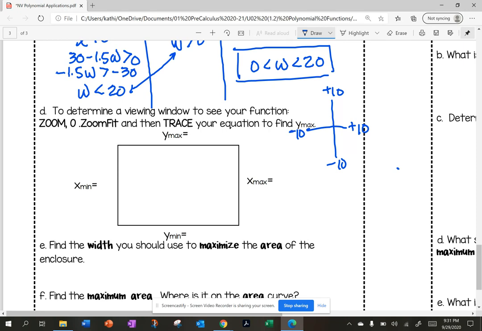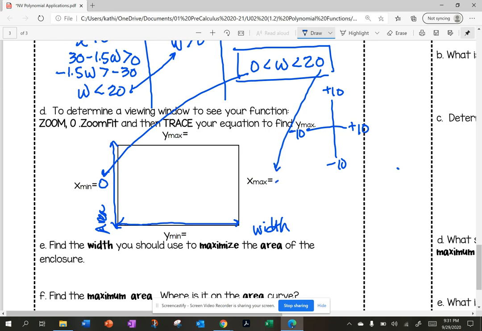And since I'm talking about all positive numbers, I'm going to adjust my viewing window. So I know my X is going to be my width, and my Y is going to be my area. Okay. So I know the minimum the width can be is 0, and I know the maximum the width can be is 20. So I have my X minimum and my X maximum.